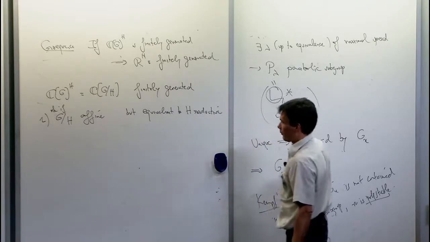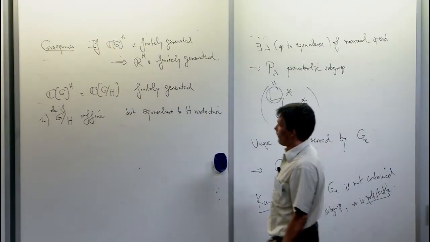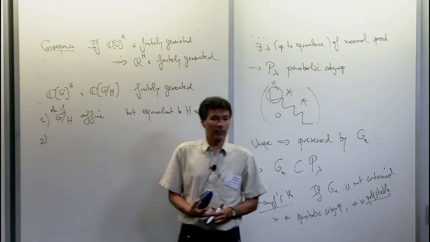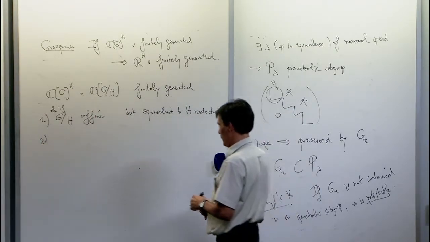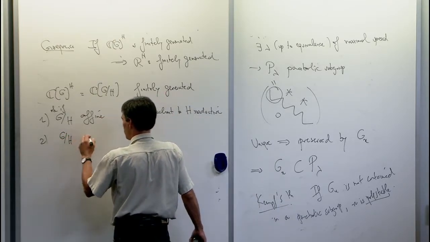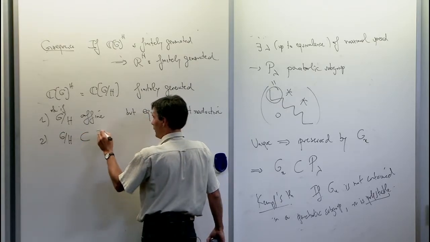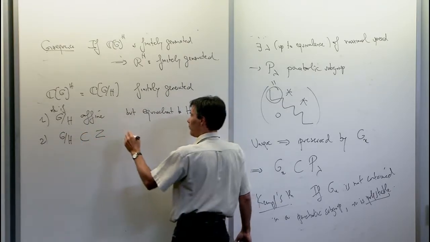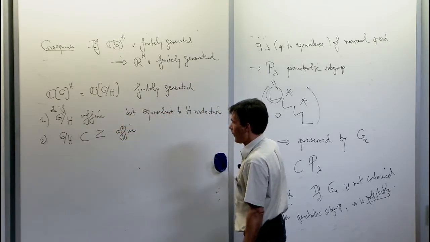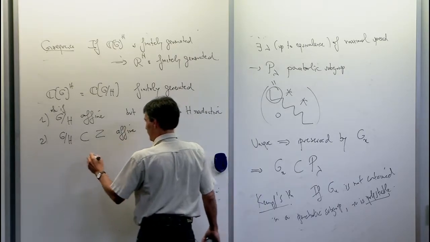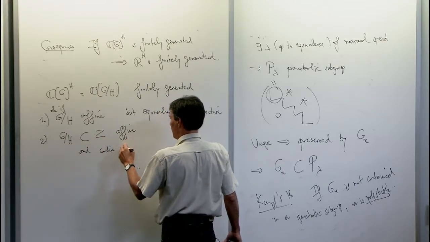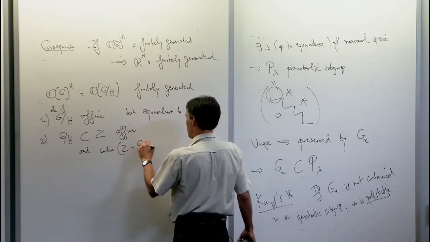So nothing new. But we can ask that G/H be close to affine. The best situation would be that G/H is a subset of an affine variety Z, very close to it, which means that the codimension of the complement is at least 2.